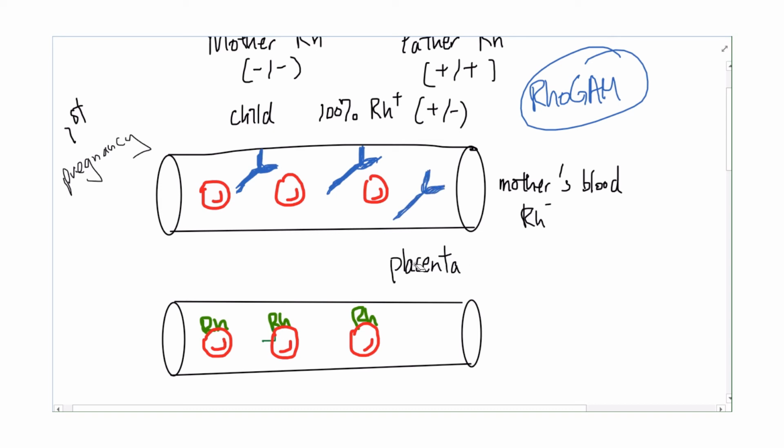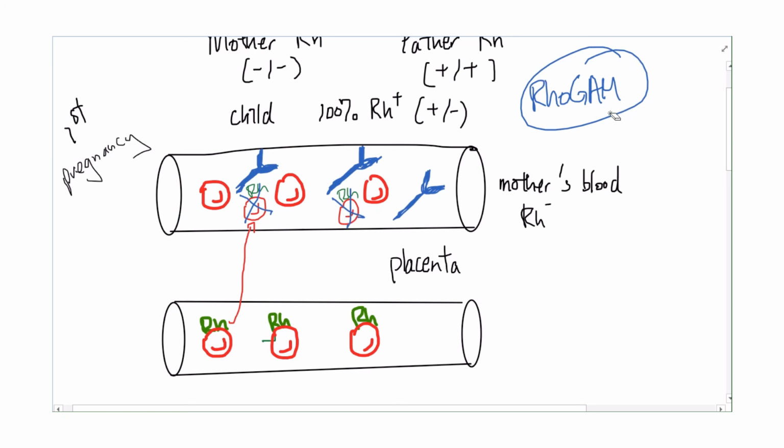And if the placenta ruptures or tears during delivery, and the baby cells enter the mother's bloodstream, these RhoGAM, these antibodies, will now destroy the positive cells before the mother's immune system is activated. And so essentially the RhoGAM prevents sensitization by destroying any Rh positive cells in the mother's body.